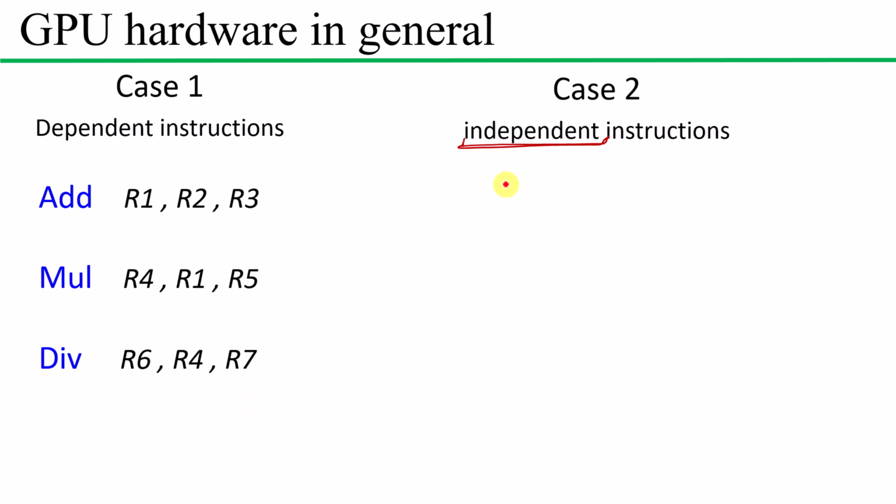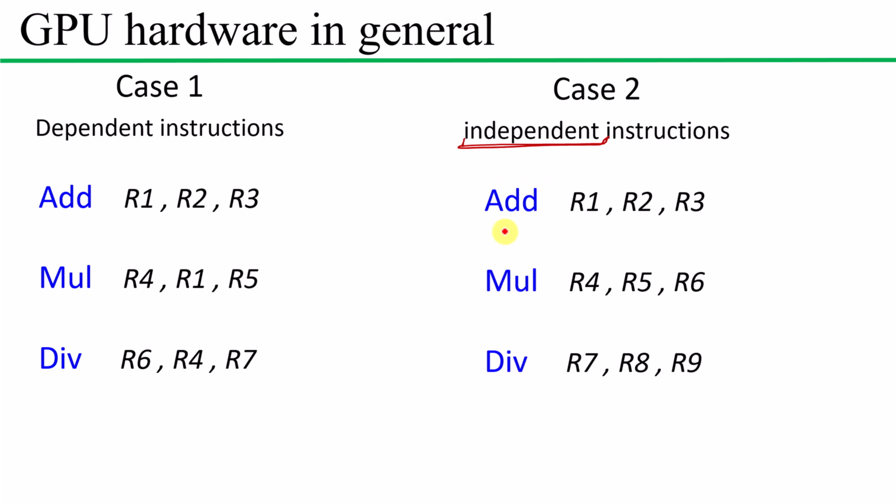To clarify this point, let's dive into another example. Delving deeper using our previous example of the add, multiply, and divide instructions, this time, however, there is a twist. Each instruction is independent of the others. For example, while we add values from registers R2 and R3 and store the result in R1, our multiplication doesn't depend on this outcome.